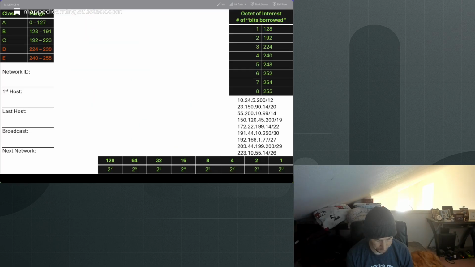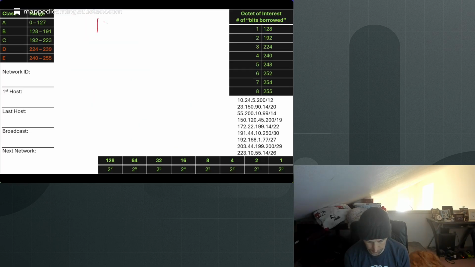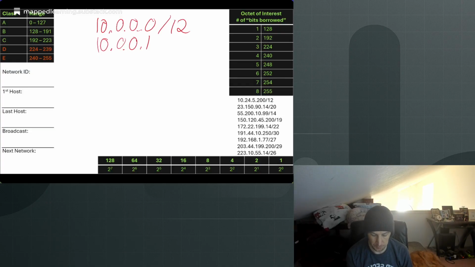So let me go ahead and erase all this. We have 10.0.0.0/12, which is the very first network in this whole range. The first host address in this network is .1.